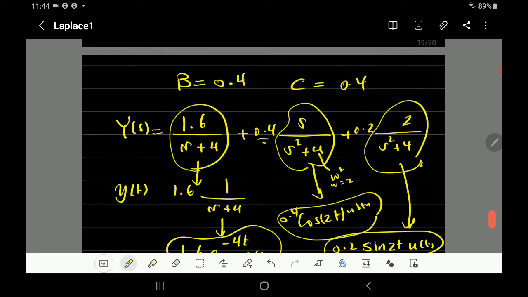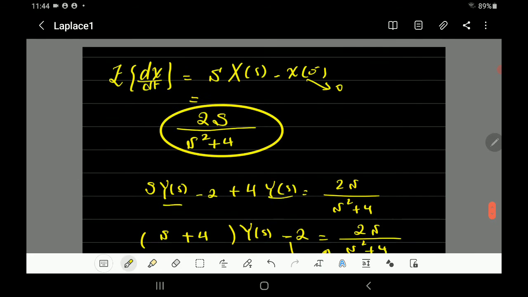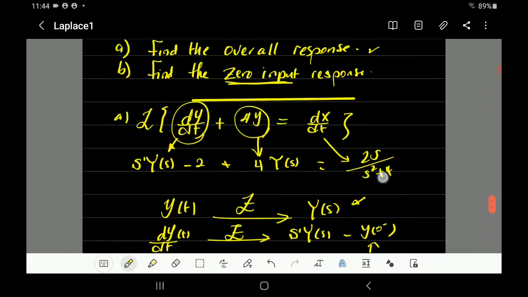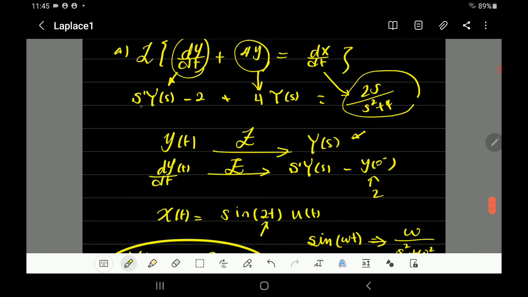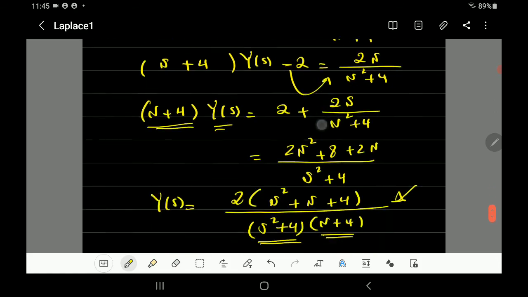We have the equation, we did that before, so I'm not going to redo everything. That's the Laplace transform of everything, except now, if x is equal to 0, then dx/dt equals 0. So you have sY(s) minus 2 plus 4Y(s) equals 0. That's the zero input.